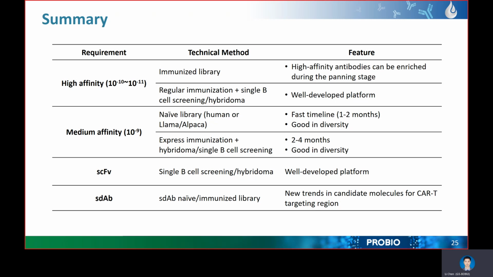Alternatively, naive library or express immunization can be a good solution to expedite the process, if nanomolar range affinity is acceptable. As for modality, both single chain FV and single domain are proven to be viable options with each unique advantage.